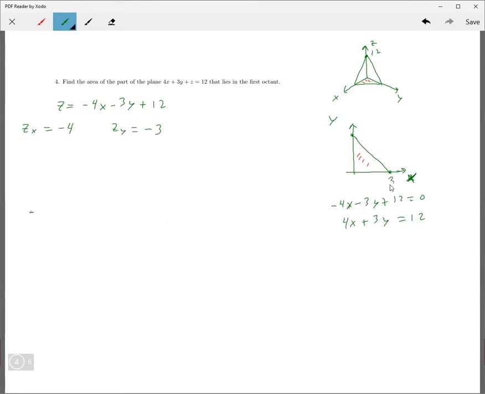Yeah, that's going to be 3. And then if x is 0, then y will be 4. Great. And then this line right here, if you solve for y, you get -4/3 x plus 4, right? So you get that right there.